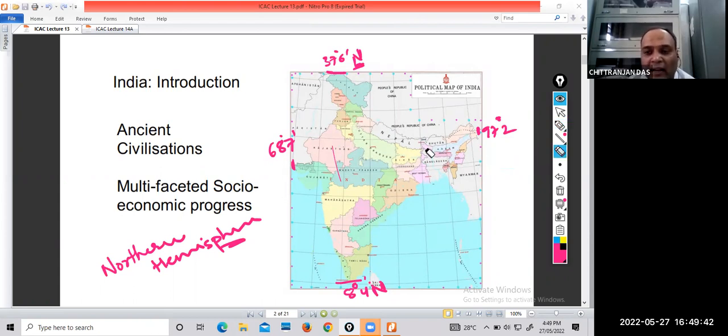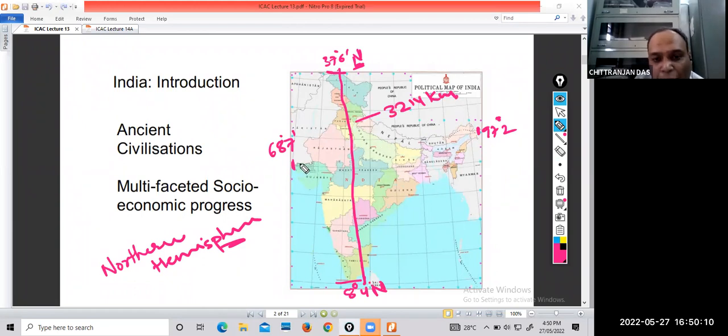Now tell me, if we create a straight line from north to south in India, what is the total distance? Any idea? It is around 3214 kilometers.